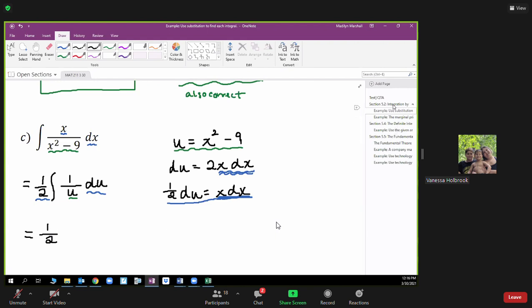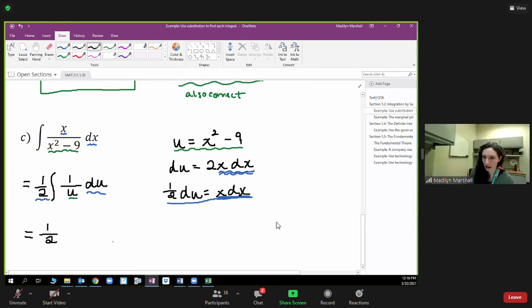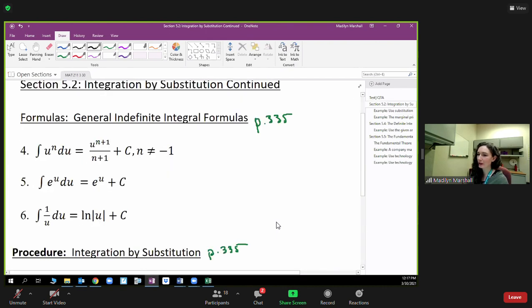That's the natural log of u. Natural log, yes, the absolute value of u. Yes, exactly. Absolute value of u. So that is our third rule here. If we have 1 over u du, the integral is ln absolute value of u plus c.